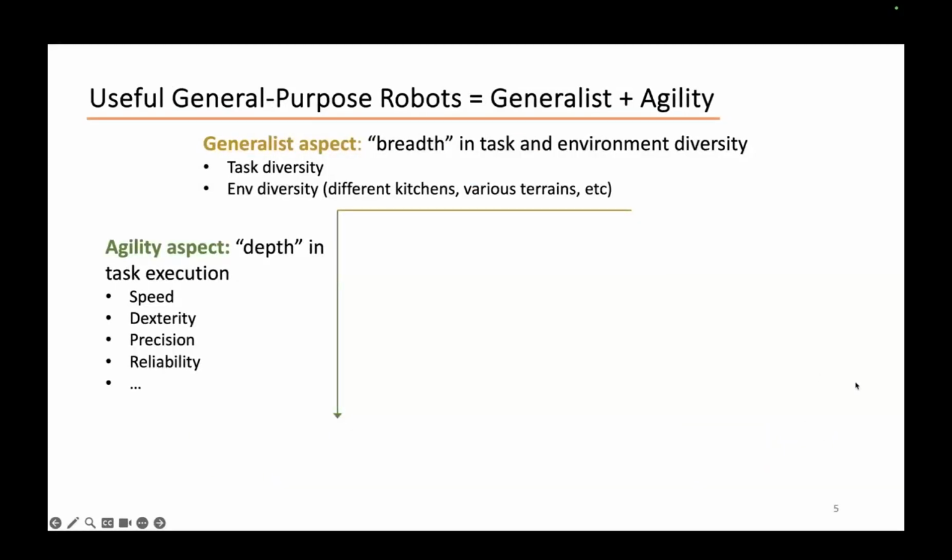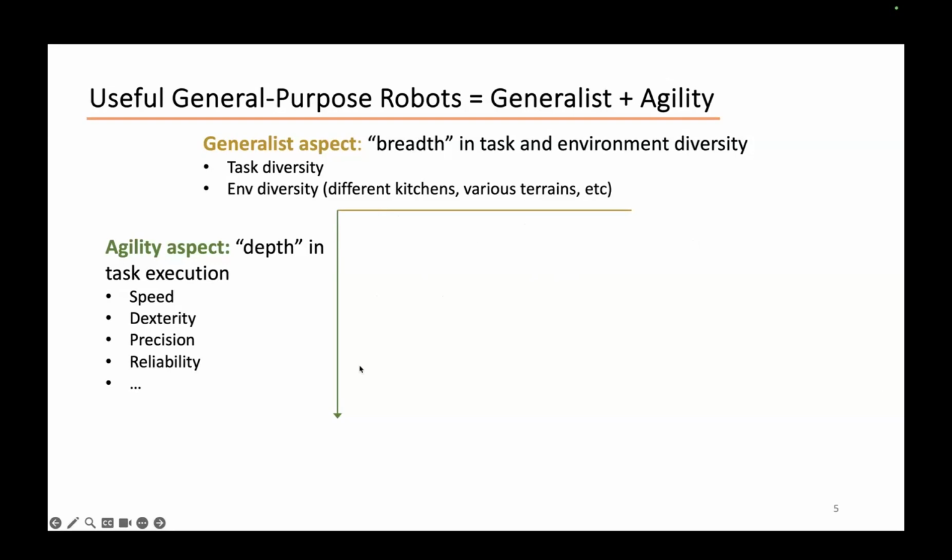And what is the challenge? In my opinion, there are two different aspects defining a useful general purpose robot. The x-axis of this figure, the brown axis, is the generalist aspect, or the breadth in task and environment diversity. For example, for humanoids, how many different terrains it can handle, and how many different kitchens it can handle.